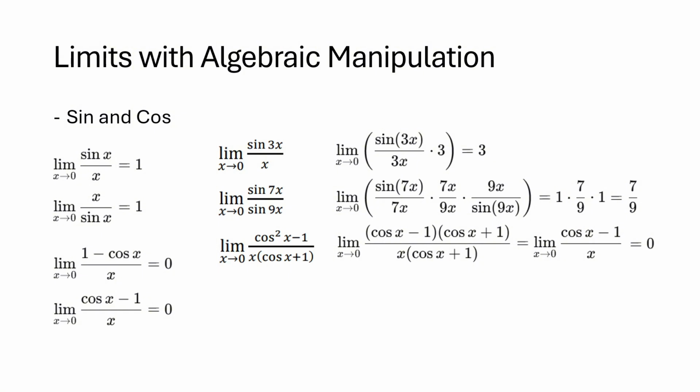We want to make it similar to our basic limit where sine x over x equals 1. So the goal is to get the coefficients of everything to be the same. So in this case, we multiply the top and bottom by 3. And because everything has 3 in it, if we approach 0, our answer would just be 3.